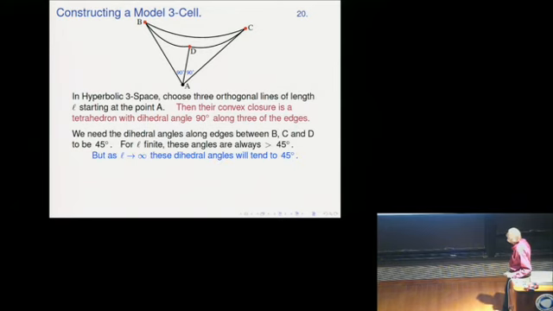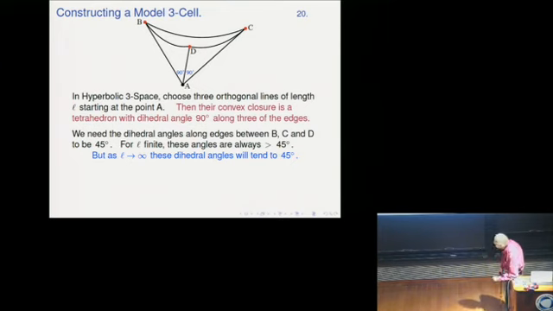On the other hand, as L goes to infinity, these dihedral angles will tend to 45 degrees, because if we go farther and farther out, the thing will get more and more pointed as we approach B, so the sphere will intersect the object in a smaller and smaller spherical triangle, which looks more and more like a Euclidean triangle.